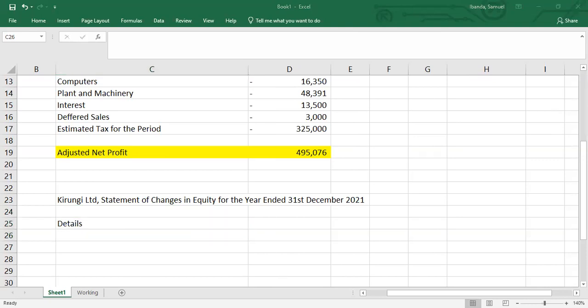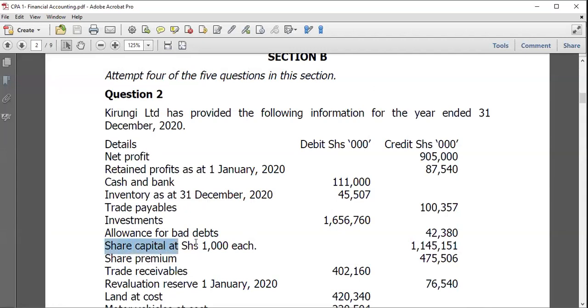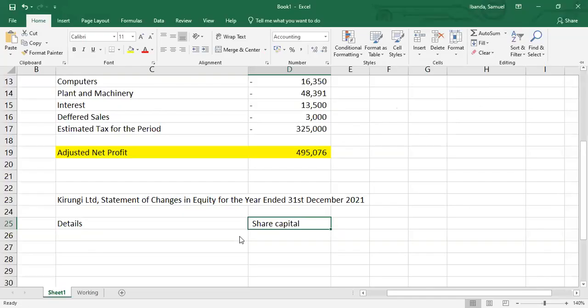And next, it will always have each of the items of equity with a column for itself. If you want to determine which are your equity items, yours is to come here. Anything that falls under equity, like share capital, would have a column. So our first column will be the share capital column.